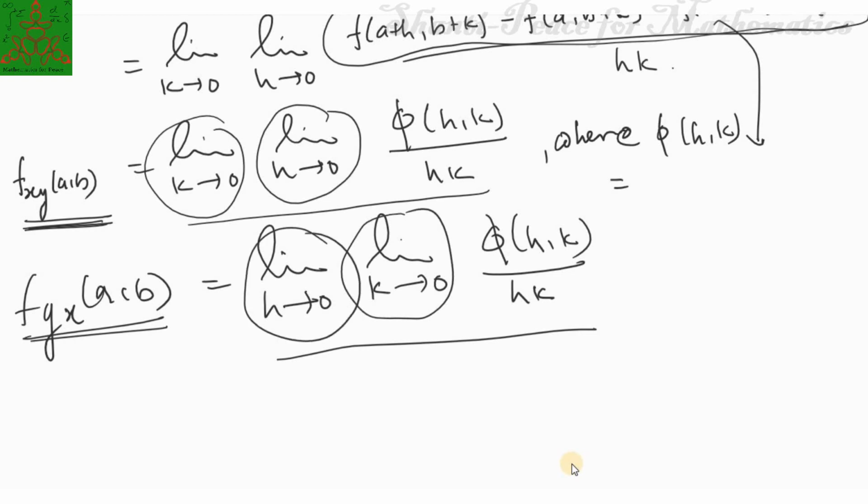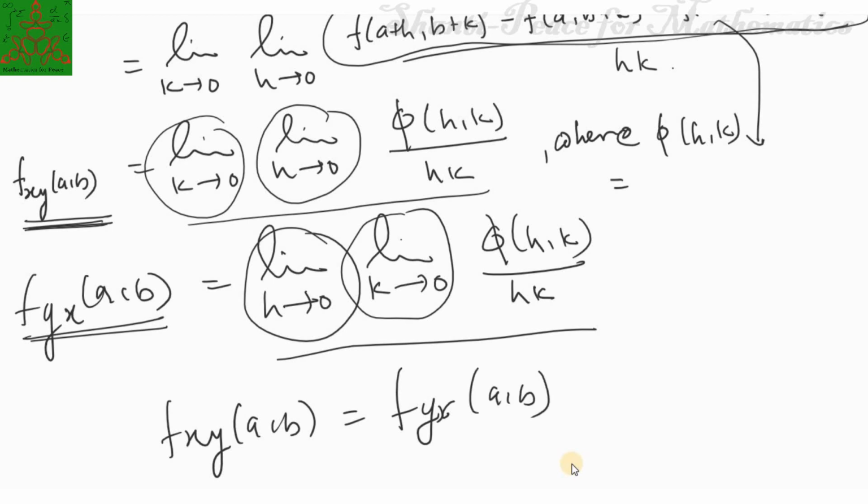If these repeated limits are equal, then we can say that f_xy at (a,b) is the same as f_yx at (a,b). But in general, we know that repeated limits are not equal. These quantities are not equal in general.